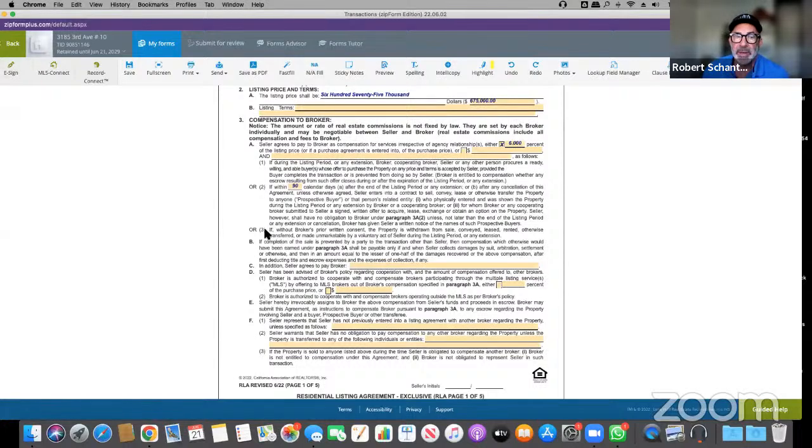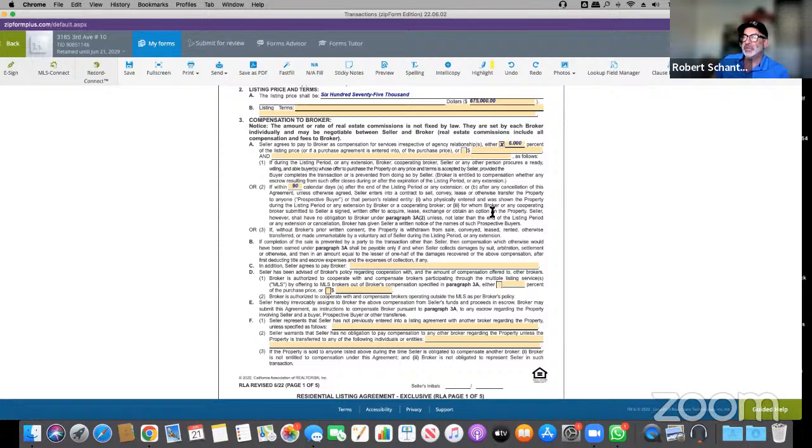They would also be responsible to pay for item number 3A3 if, without the broker's consent, the seller decides to withdraw it from the sale, convey it, blah, blah, blah, or make it unmarketable by a voluntary act of the seller during the listing period. In other words, where this could come into play is if the seller is in escrow with a buyer during the listing period, and that seller decides to breach the agreement and say, I'm not selling.